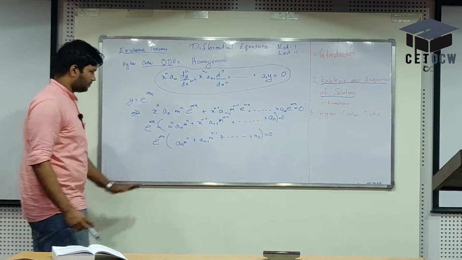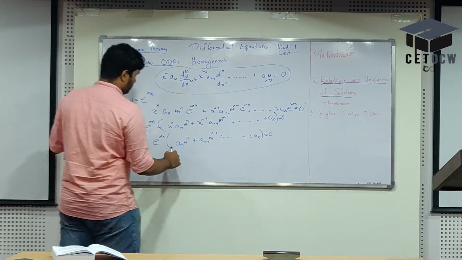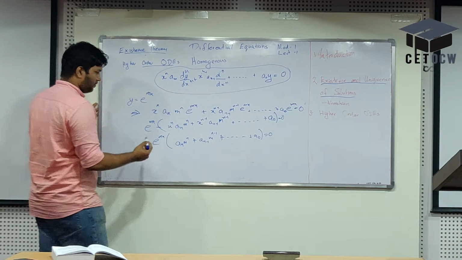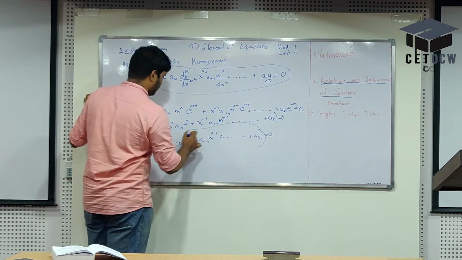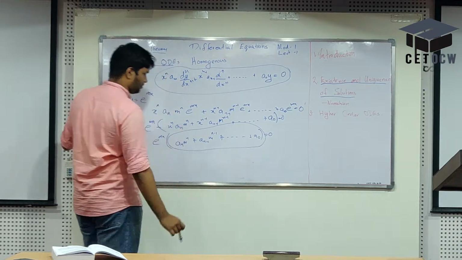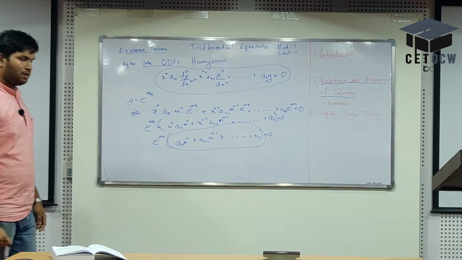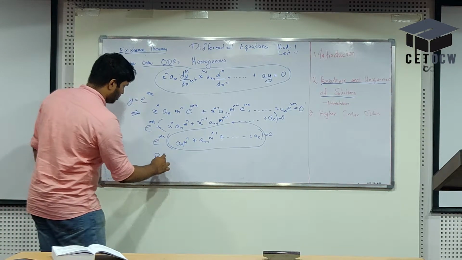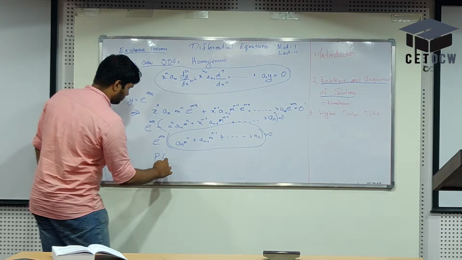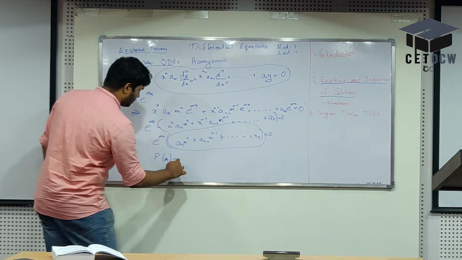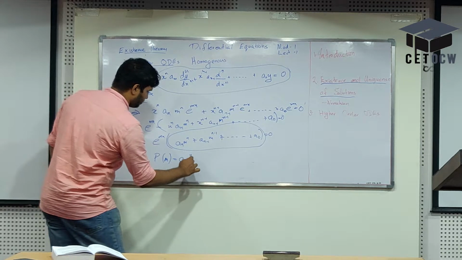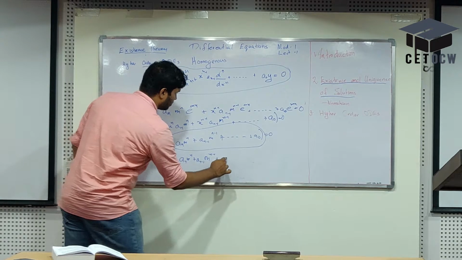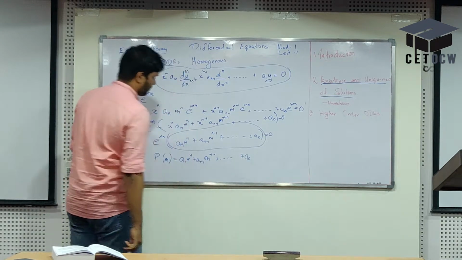Evidently, for e raised to mx to be a solution, this has to be equal to 0. So we have a polynomial in m, an nth order polynomial, P of m equal to a_n m^n plus a_(n-1) m^(n-1) plus etc. plus a_0.